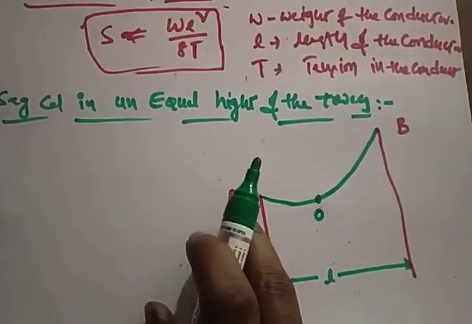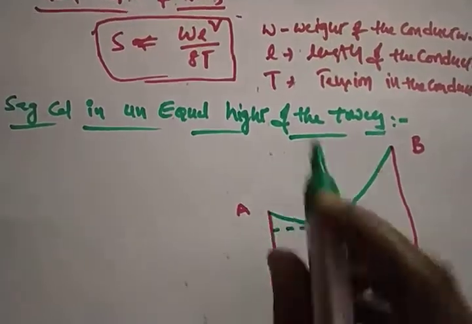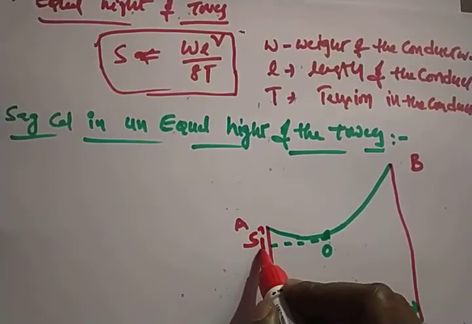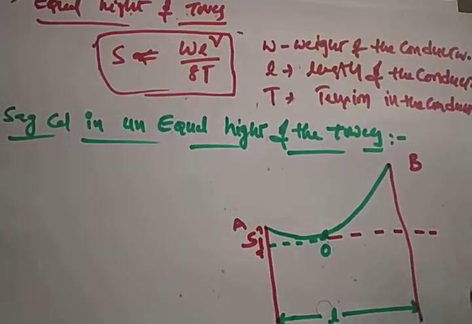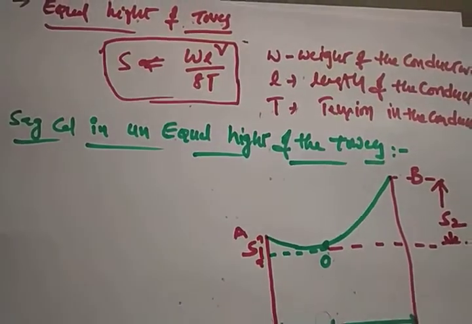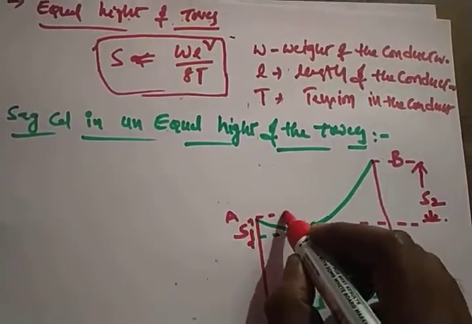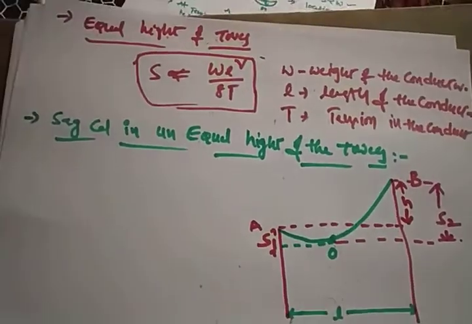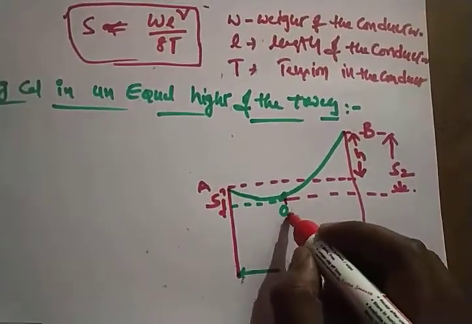For support A, this distance we call sag S1. For the other support B, this is sag S2. And the height difference between these, we call h, so support B is h higher than A. The point we are assuming is not the midpoint.